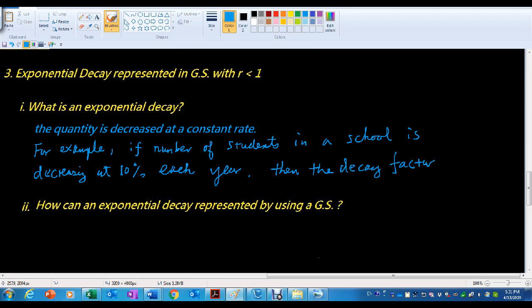So previously we have a growth factor, now we have a decay factor. It's 1 minus 10%, so it's 90%, or 0.9.